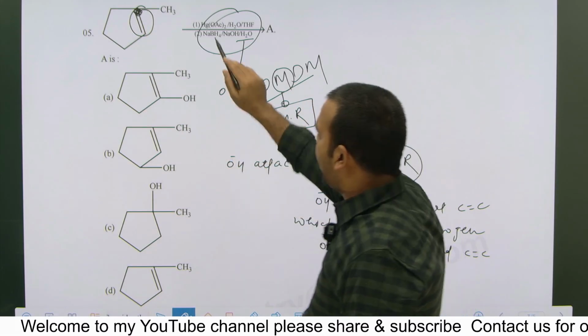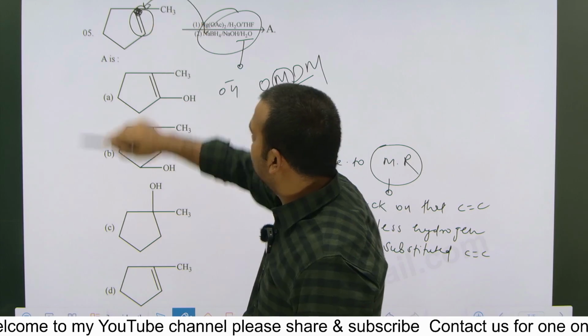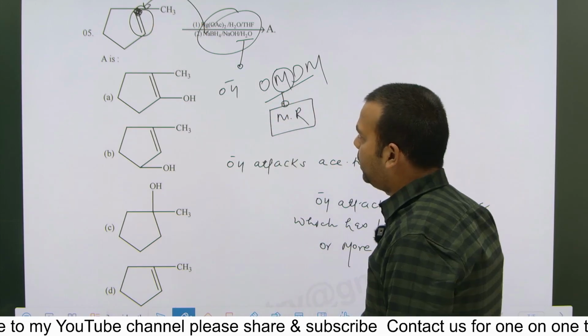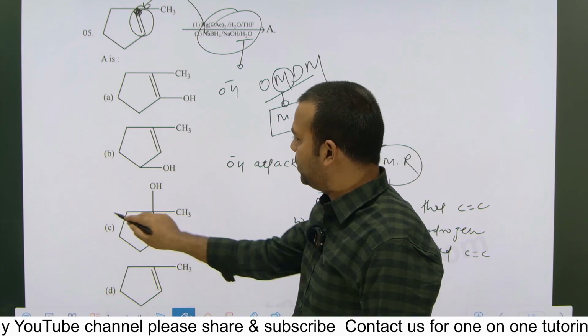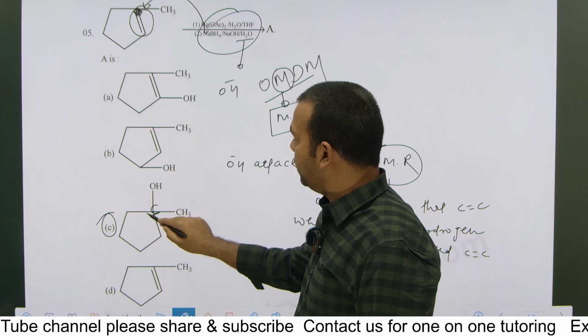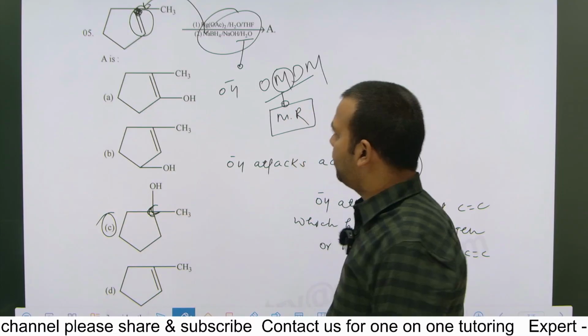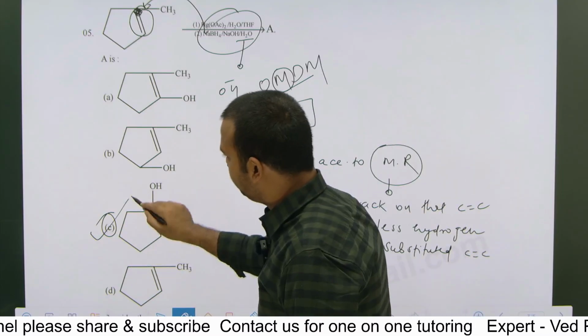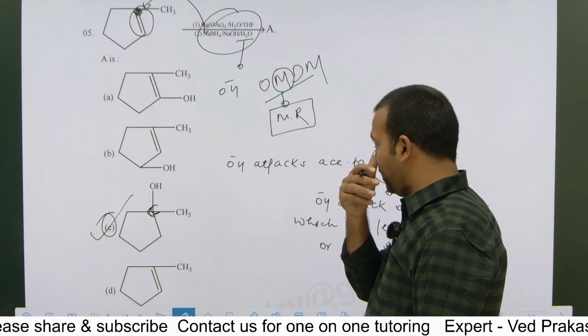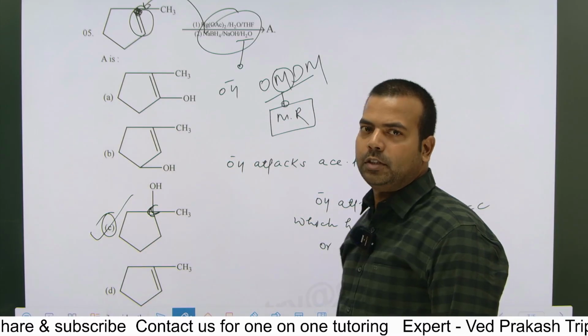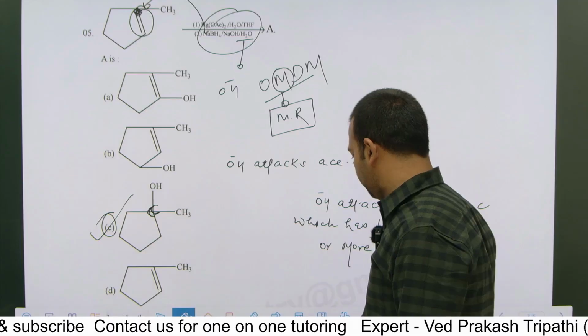So OH attacks on that tertiary carbon. So the right product will be C. You can see OH on that tertiary carbon. Clear? So this is C. And this is a very important reaction, OMDM, oxymercuration and demercuration.